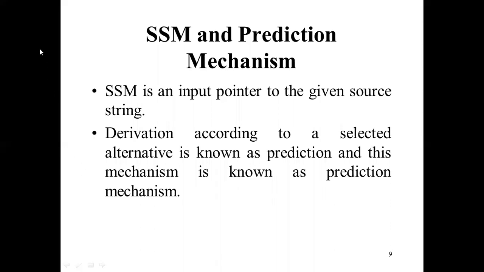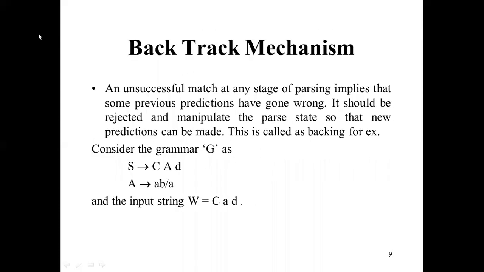This mechanism is known as the prediction mechanism, so in this case we will do the prediction. So what is the backtrack mechanism? Now we are considering an example also. Backtrack mechanism means an unsuccessful match. At the start, if we are unable to match our string, or we are unable to get the particular output that we want, it means there is an unsuccessful match.